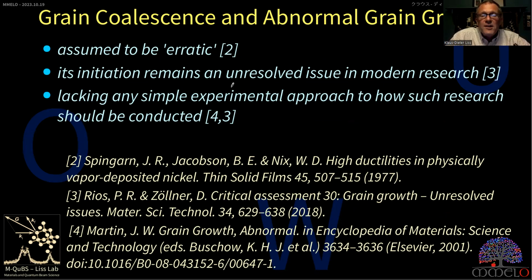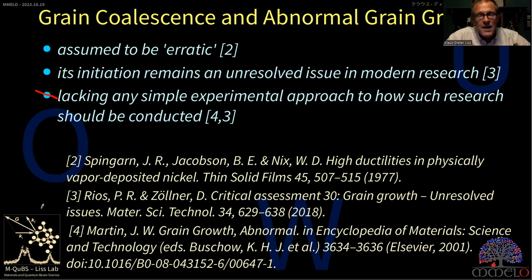Its initiation remains an unresolved issue in modern research, and it lacks any simple experimental approach to show how such research should be conducted. These are citations or extracts of citations of the papers given here by famous people working on abnormal grain growth.